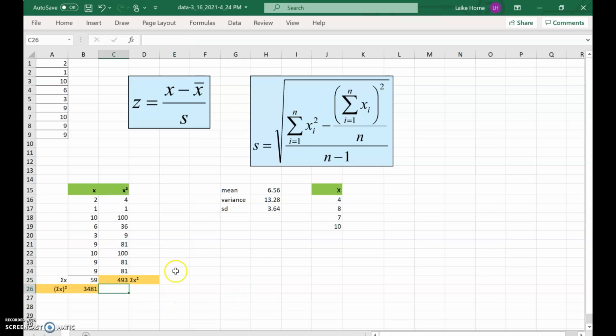Okay, so that is our numbers, and then n is going to be 9. So remember, n is 9.